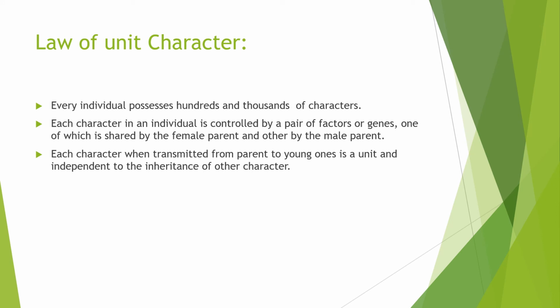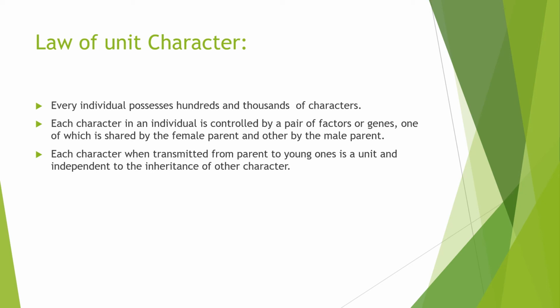Each character, when transmitted from parent to young ones, is a unit. It means it is one and independent of the inheritance of other characters. When they go from parents to children they are independent, because the two parents give independently to their children.